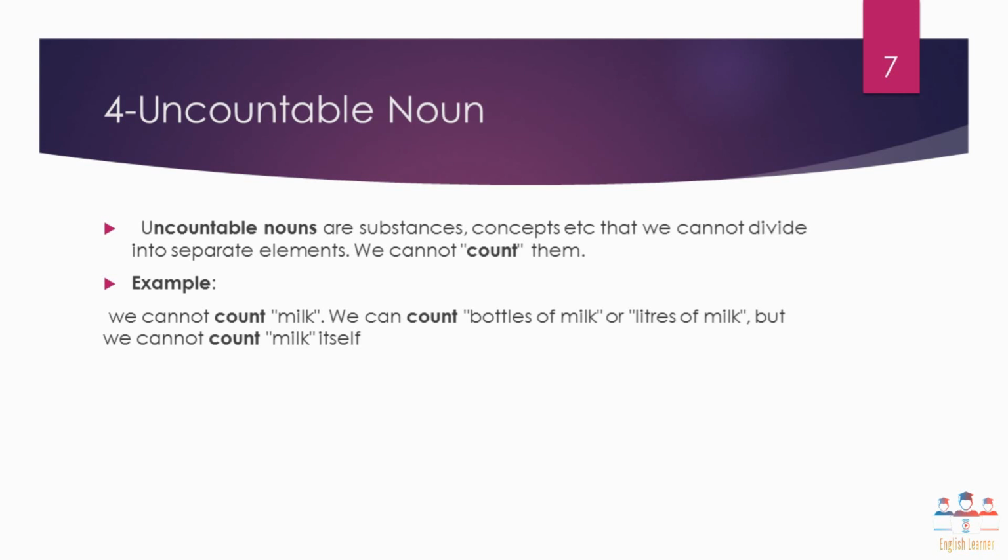For example, we cannot count milk because it is made of very small particles. We cannot count the particles. We can count a bottle of milk. Why? Because a bottle of milk is a separate entity. We can separate each bottle from another one, but we cannot count the milk itself.